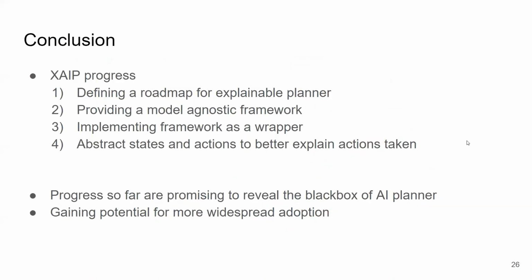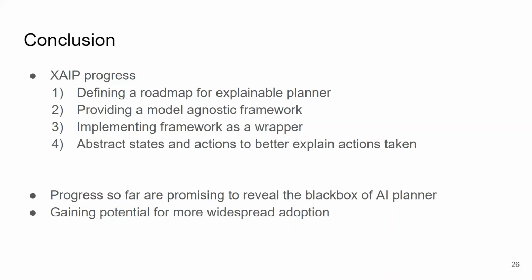In conclusion, XAIP has been progressing steadily. First, starting with defining a roadmap for Explainable AI Planner, which provides 6 questions that the user may ask. This paper is not covered here, followed by providing a model-agnostic framework in line with the roadmap, capable of answering 3 out of the 6 questions, and subsequently the implementation of the framework as a wrapper to make it usable beyond the research community.